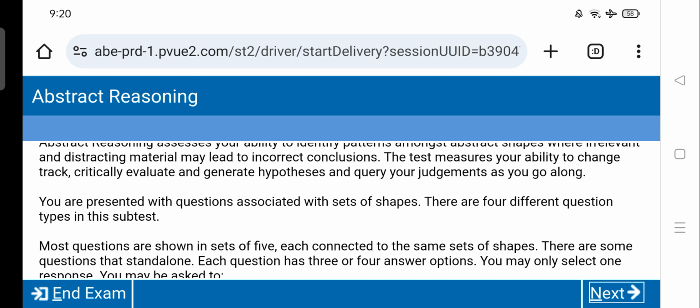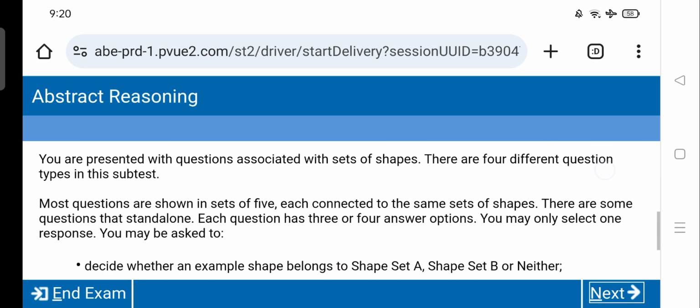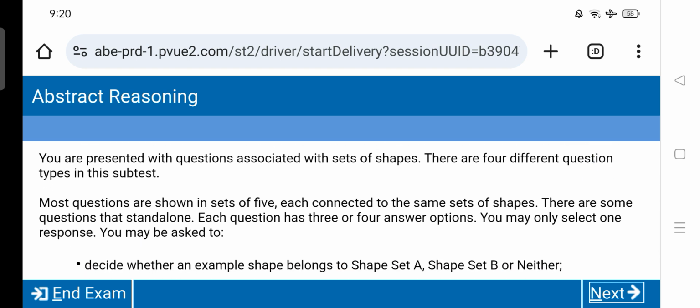There are 4 different question types in this subtest. Most questions are shown in sets of 5, each connected to the same sets of shapes. There are some questions that stand alone. Each question has 3 or 4 answer options. You may only select one response.